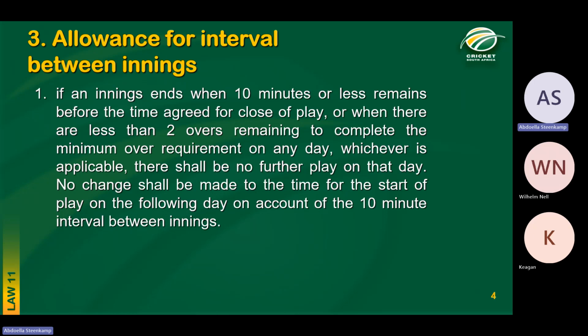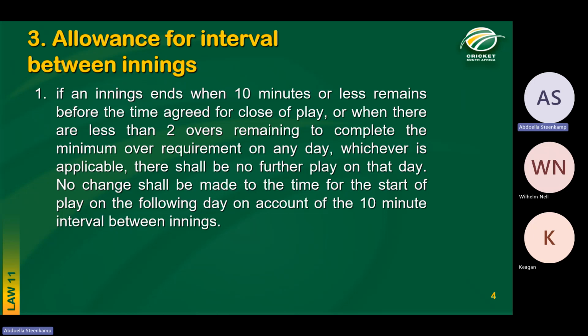The first criterion is there are 10 minutes or less remaining to tea. It's 17:22 now. And the other criterion is we have less than 2 overs remaining to complete the minimum overs for the day, because we're in 102.2 overs.